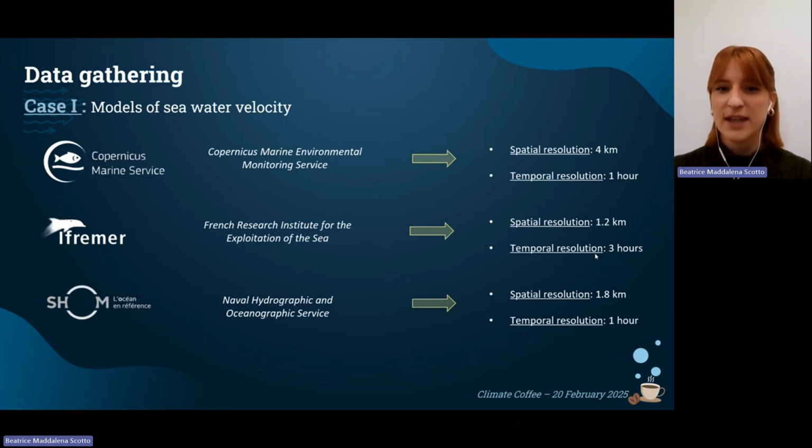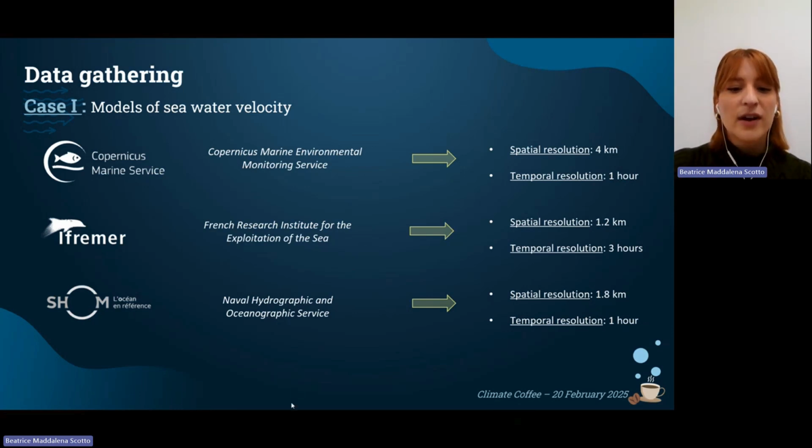So we needed to take that into account. Also, for the Copernicus and Ifremer, we had reanalysis data from the model, while for the Shom we didn't have the reanalysis, but we only had the best forecast archive data.